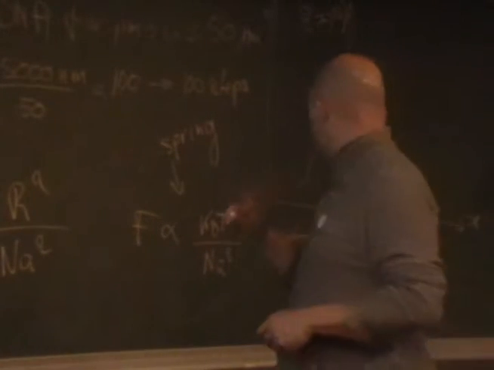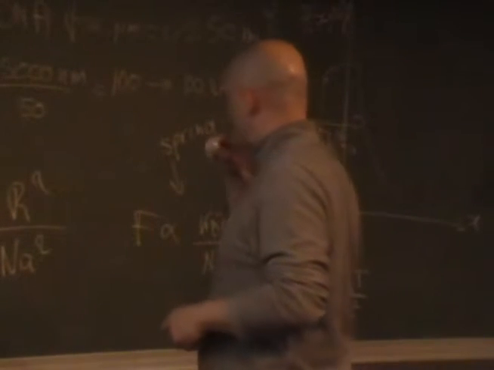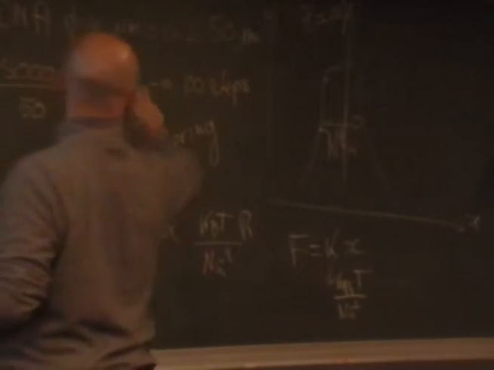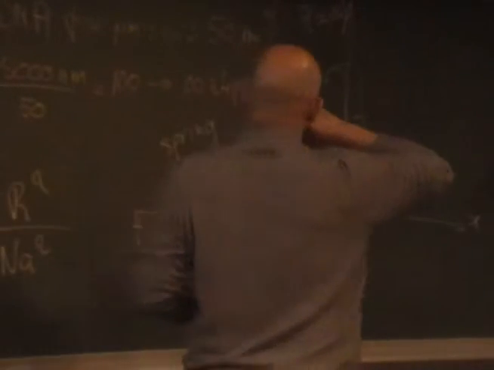And you see that it depends also on the number of monomers, and it also depends on the typical step size. We said that for DNA, the typical step size is 50 nanometers. For a standard polymer, it's typically 2 to 3 chemical bonds, so it's going to be a few angstroms.